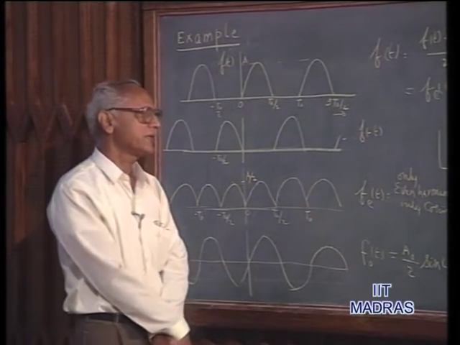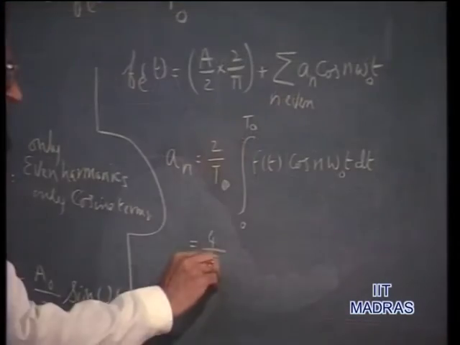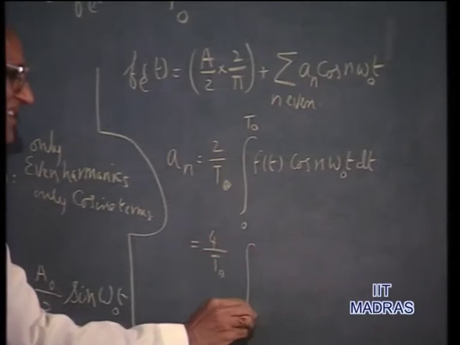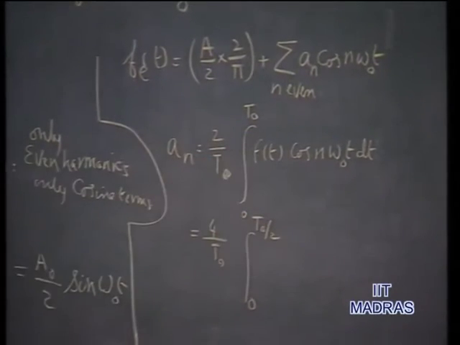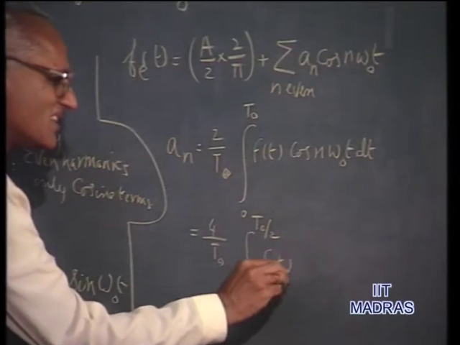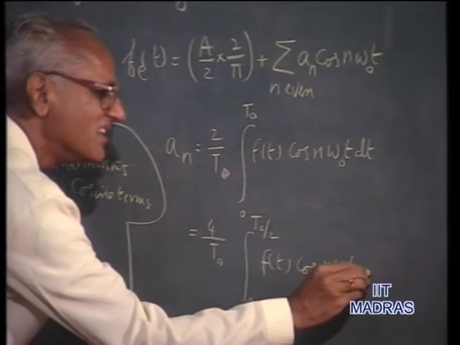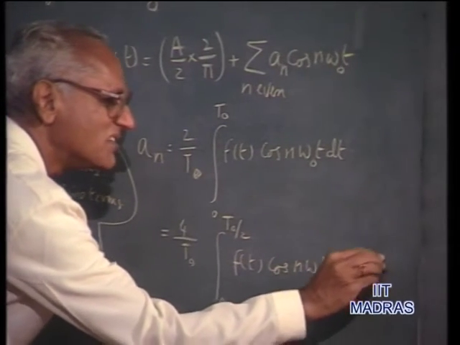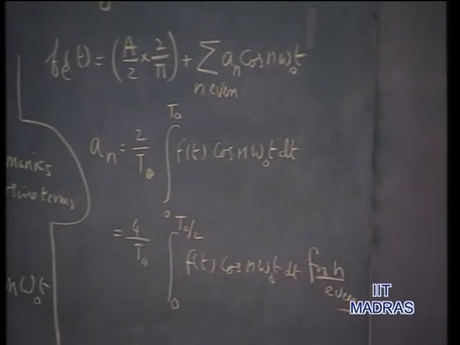Exactly the same way we can show that this is equal to 4 upon t naught, 0 to t naught upon 2. That means we are taking the average of this function over half cycle, f of t cos n omega naught t dt for n even only. You see, this particular formula will not be valid for n odd.